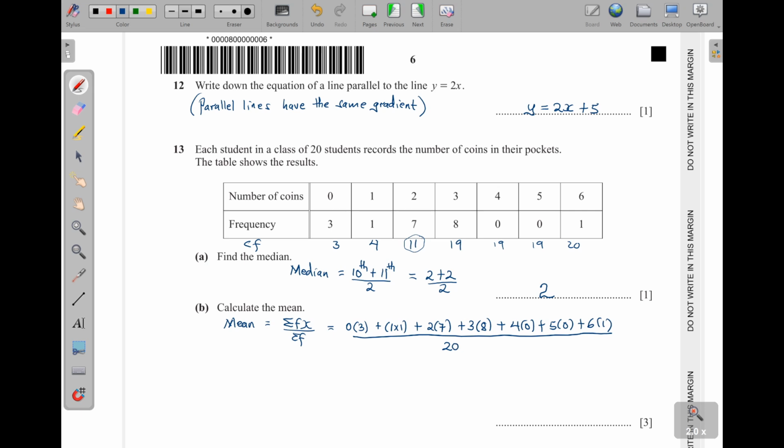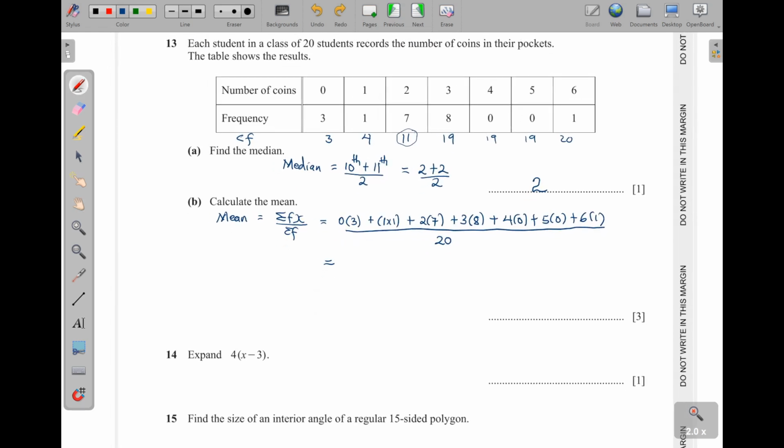Then what do we get here? Of course, here we get 0, then 1, then 14. Putting this all together, we have 1 plus 14, that is 15, plus 24, then plus 6. So let's begin from here. This is 24; I add on the 6, that will be 30. 30 plus 14 will be 44.